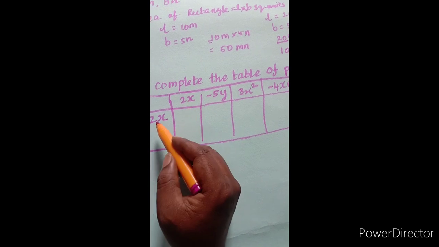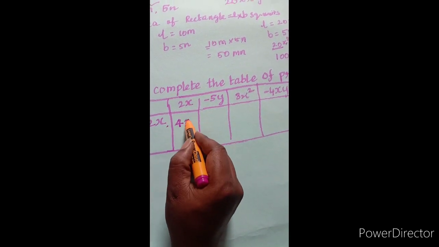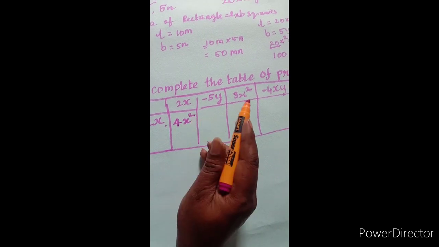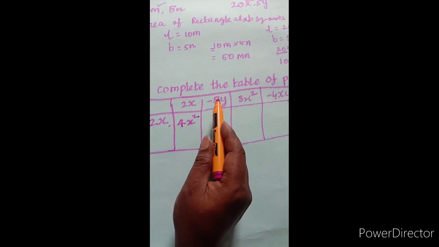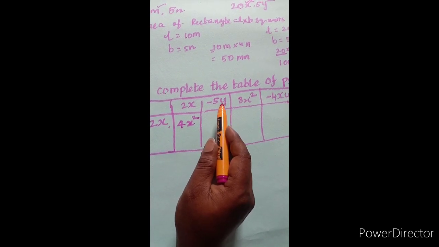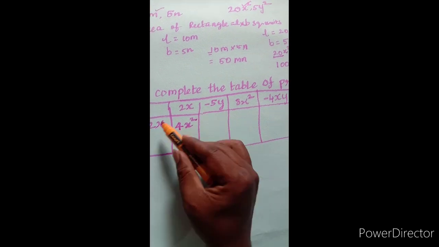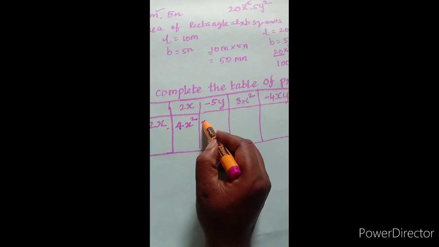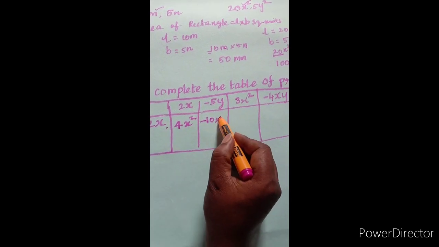So you can multiply 2 twos are 4, x into x, x squared. So completed. Another one, 2x into minus 5y. You can multiply the numerical values 2 into 5, 10, plus into minus, minus 10. The variables are x into y, xy.